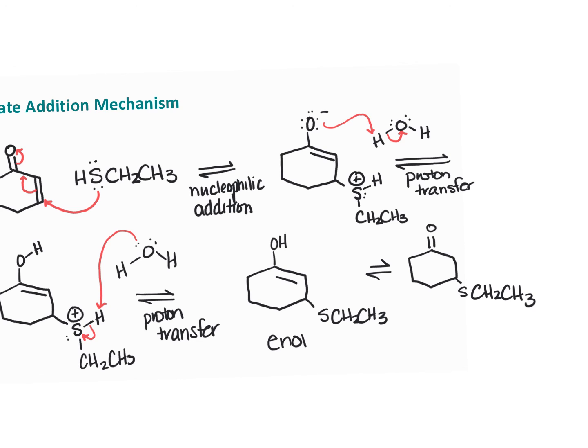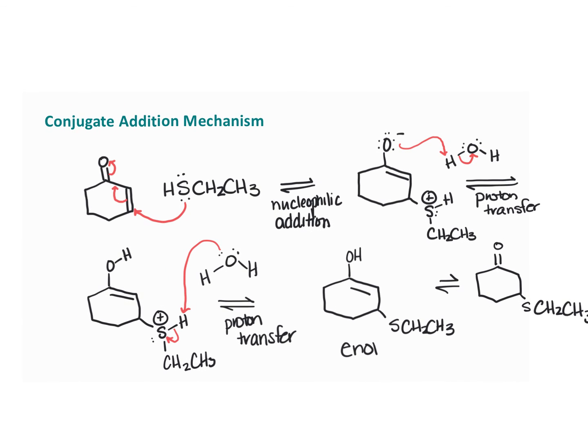Mostly, the reason for that is because we end up with some resonance stabilization in the enolate ion that is produced here in the first step. So this is resonance stabilized, so the activation energy isn't quite as high for this reaction. And so it proceeds at, like I said, a fairly reasonable rate.